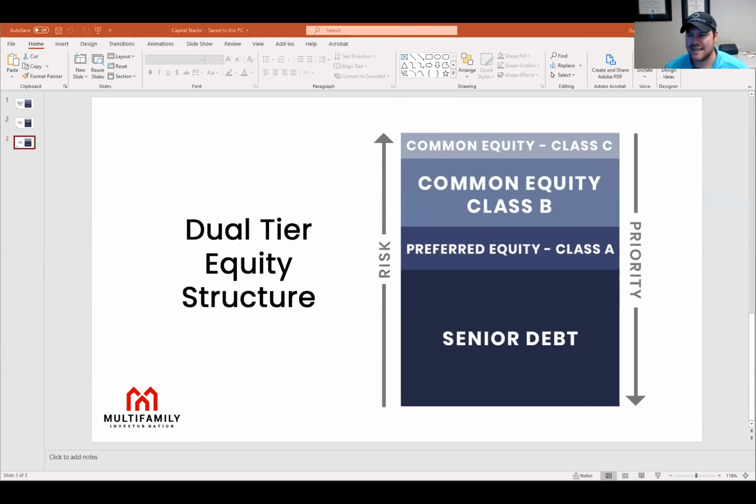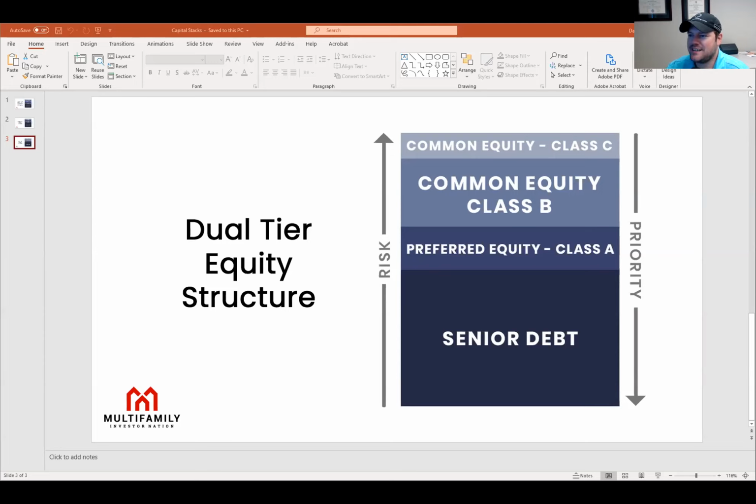But I will tell you that if you are truly able to take advantage of the tax benefits of these types of deals, your returns are much greater in these types of investments. Say I'm in the top tier tax bracket. If I'm able to realize and save a lot of money in taxes, the returns on these deals, instead of being a 15% IRR, are going to go to, say, 20, 25, 30% IRR because of the savings I'm going to have from the tax side of things as well.